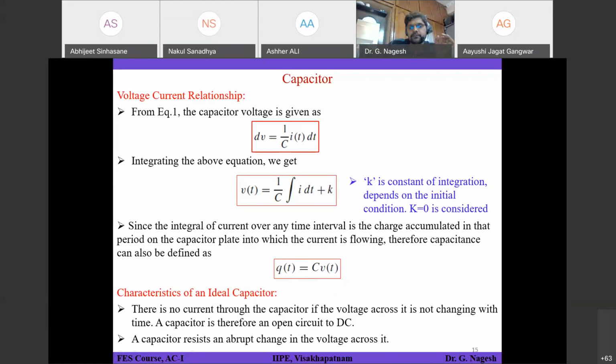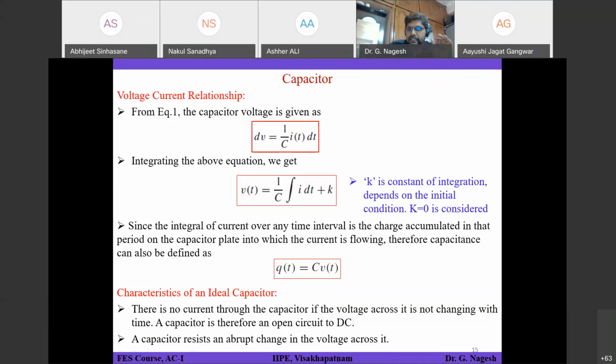The expression I have shown assumes that there is no charge in the capacitor. If there is no charge, the expression I have given is correct. If there is some charge present, the question comes whether the current is flowing into the positive terminal or the negative terminal.